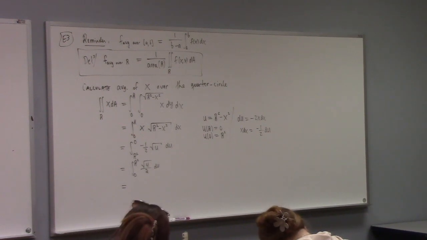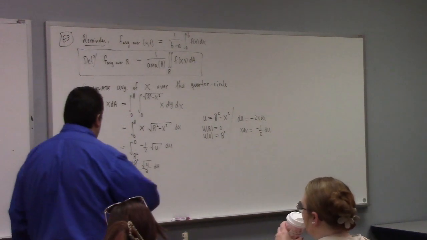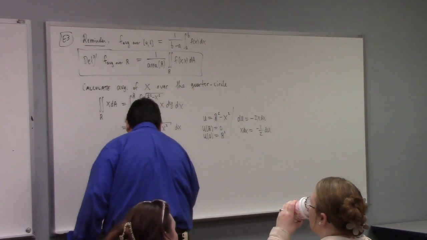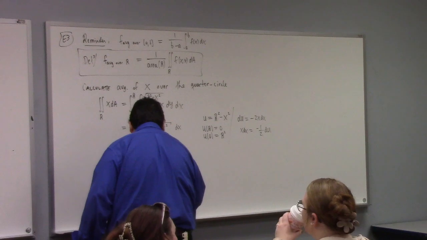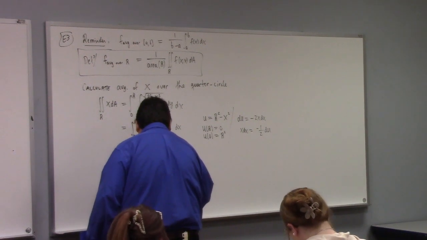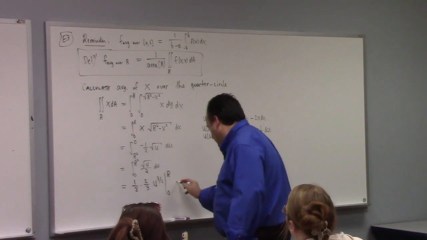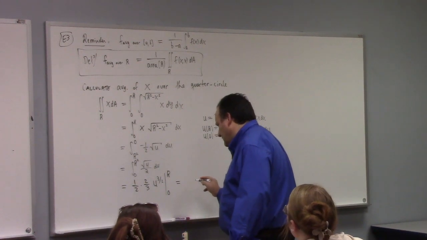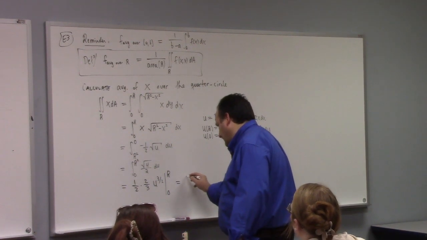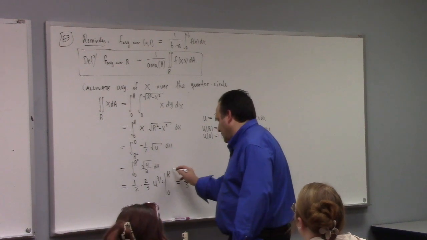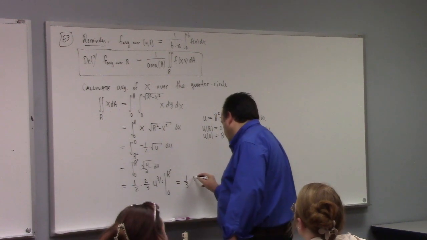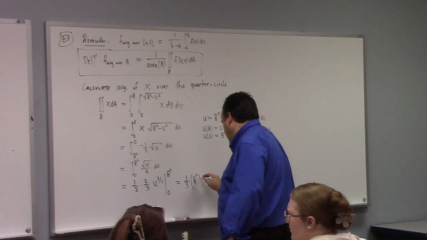So I got 1/2 times 2/3 u to the 3/2. I evaluate that from 0 to r squared, and the 2's cancel, so we get 1/3 r cubed. Oh, what did I do?